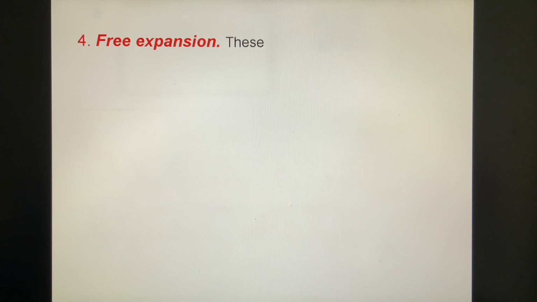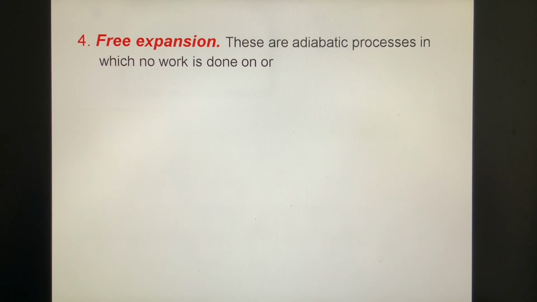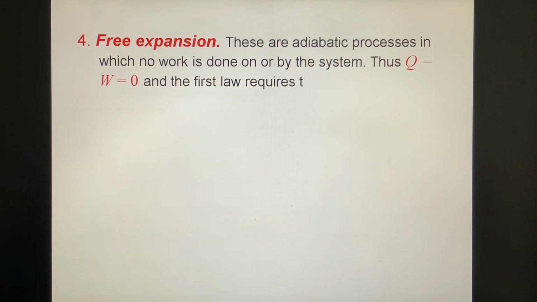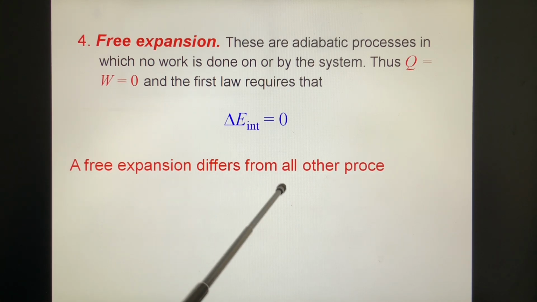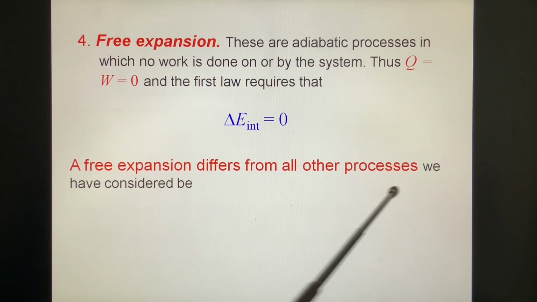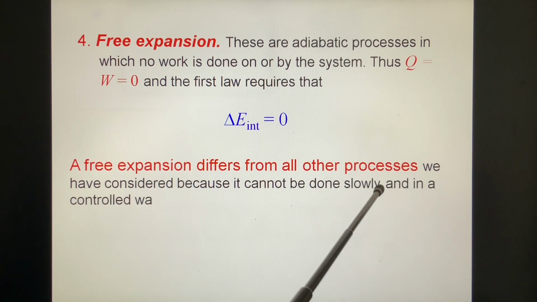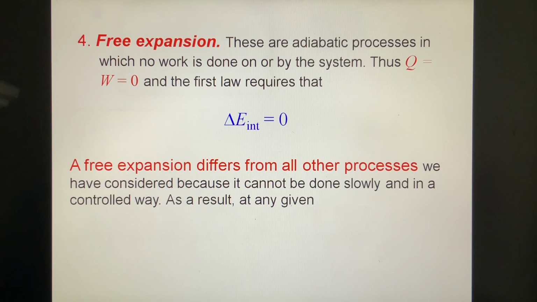Four, free expansion. These are adiabatic processes in which no work is done on or by the system. Thus, Q equals W equals 0. And then the first law requires that ΔE equals 0. A free expansion differs from all other processes we have considered because it cannot be done slowly and in a controlled way.